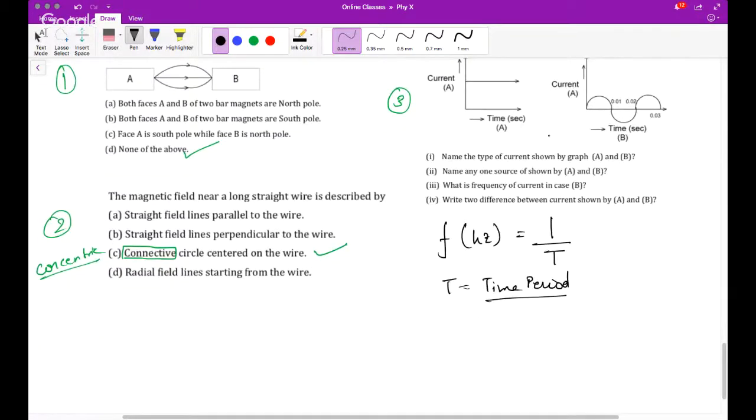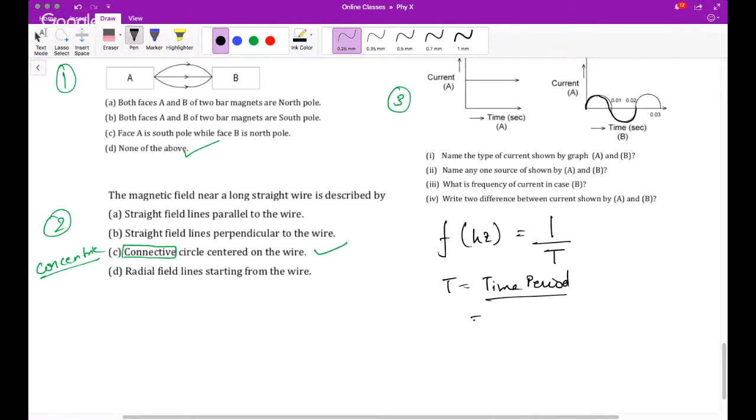What is the time period here? Time taken to complete one full cycle is 0.02 seconds. So T equals 0.02 second. Hence f equals 1 upon T equals 1 upon 0.02, which is 50 hertz.